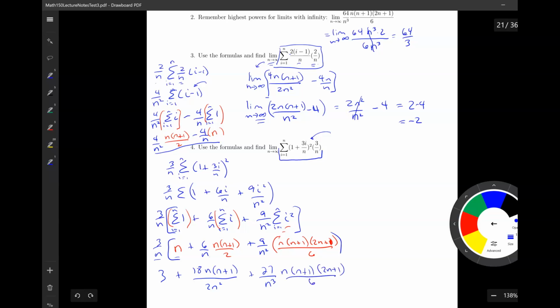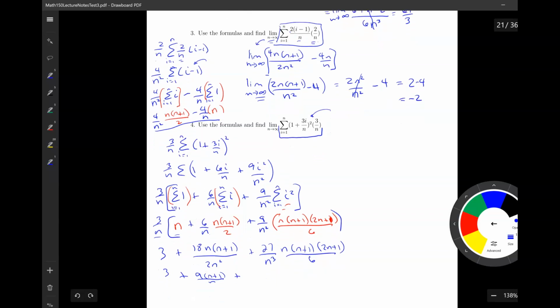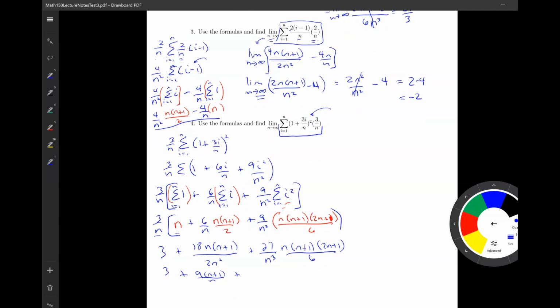All right, so what does this give me? 3 plus 9, one of the n's cancels, so I get n plus 1 over n, plus, okay, so I've got a 3 in common here, so I get 9 halves, n times n plus 1, 2n plus 1, all over n cubed.